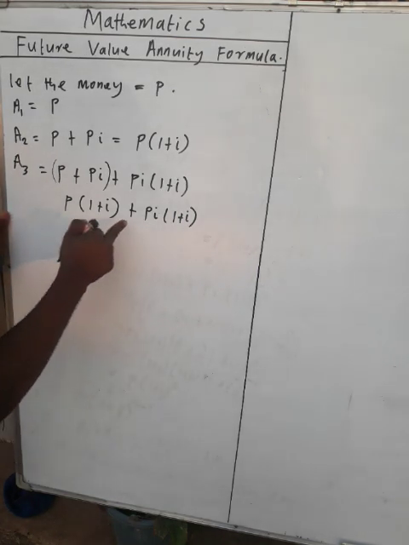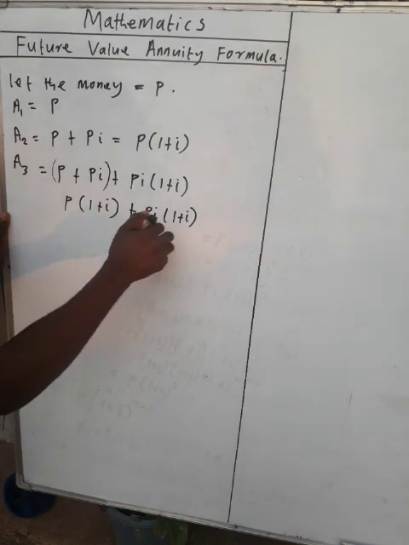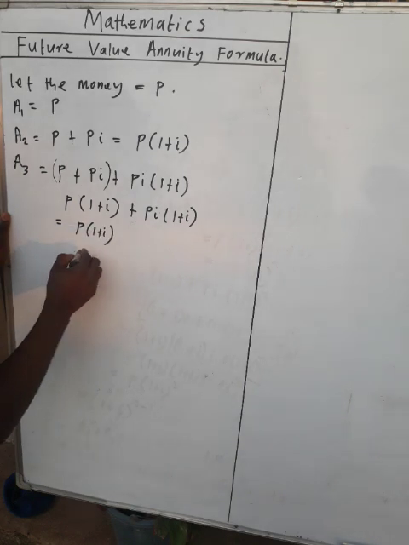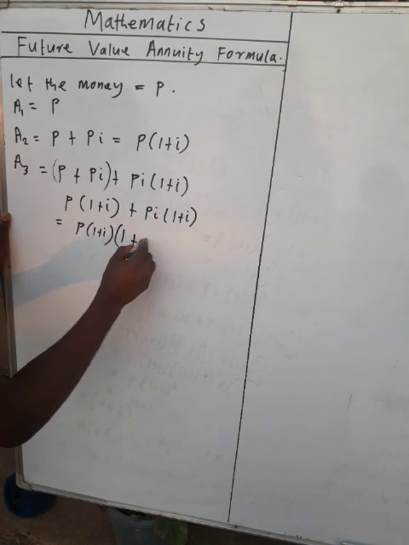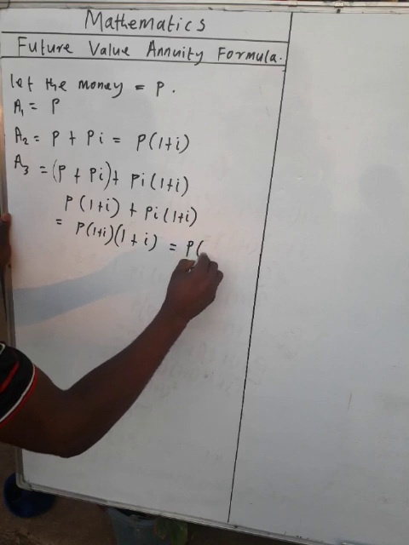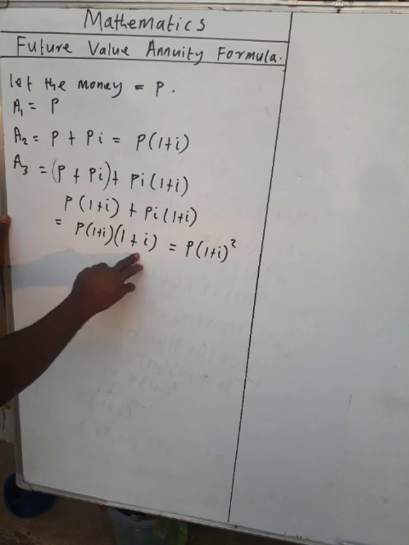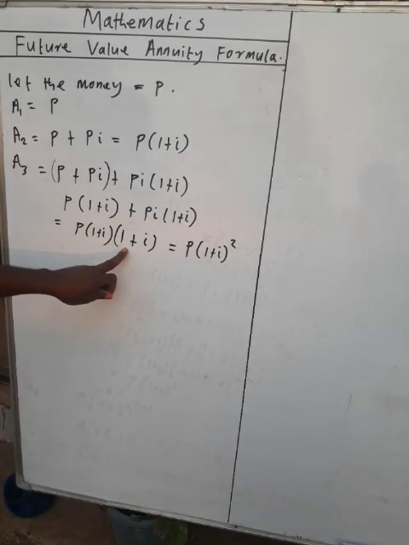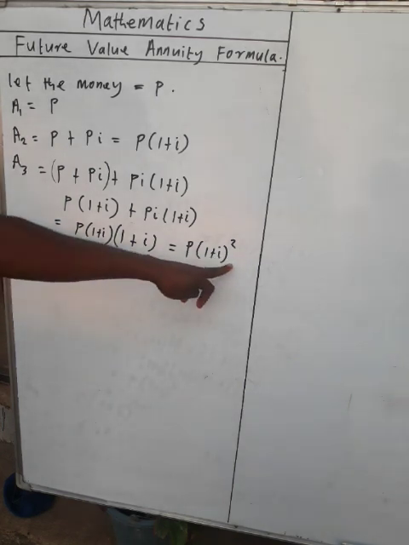I'll factor out P bracket 1 plus I, so here remains 1 plus here remains I. So this is generally equal to P bracket 1 plus I square, because 1 plus I times 1 plus I is 1 plus I square. So this is the amount we are going to have for the third month.